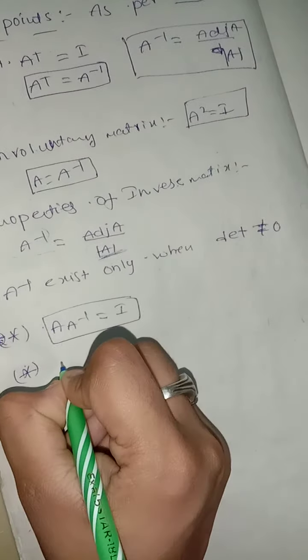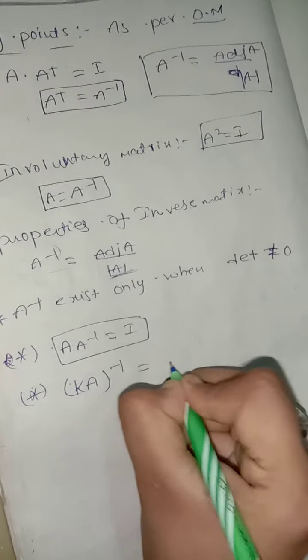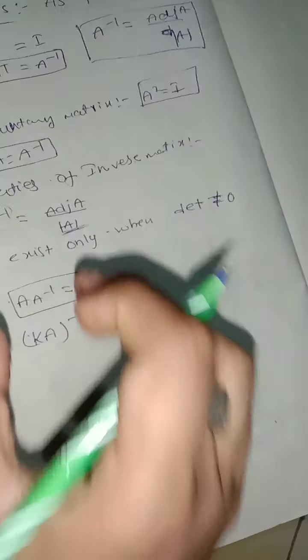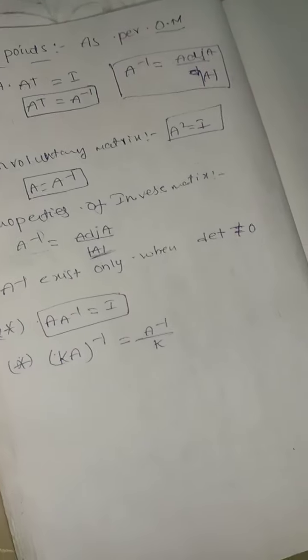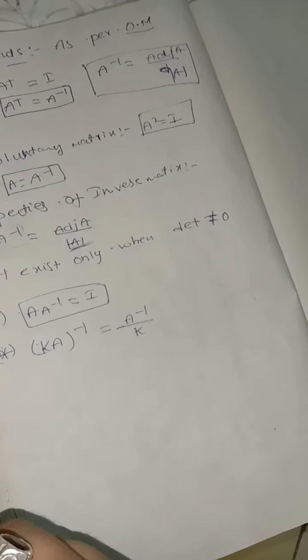And then another one is K into A whole inverse equals A inverse by K. All these properties have proofs, but I am not showing the proof here.